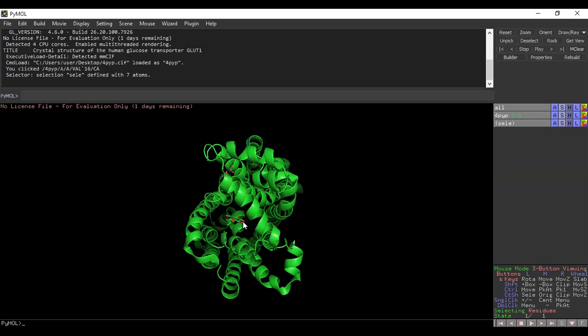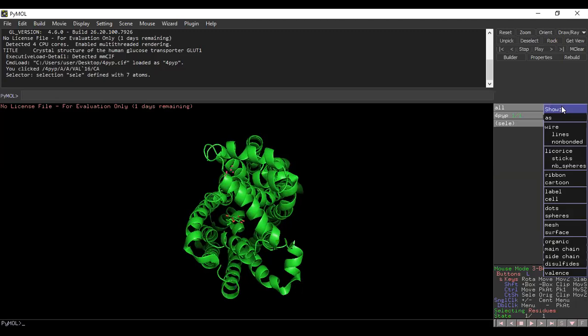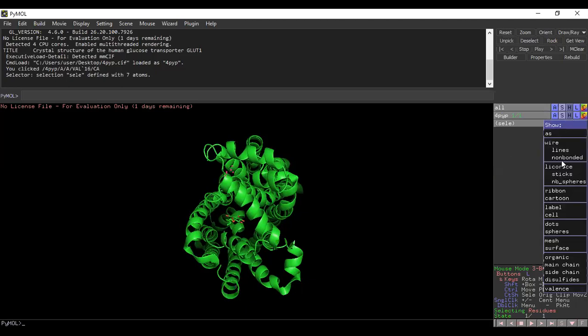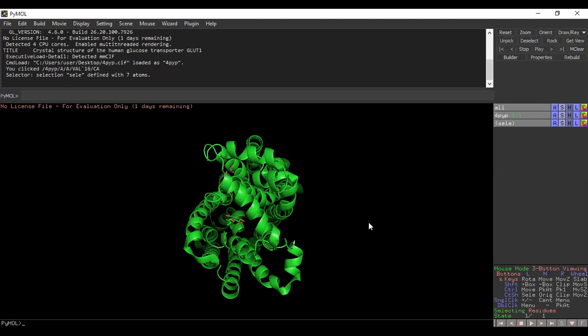Now, if you want to study what all amino acids, like I mentioned, serine, threonine, asparagine, and glutamine are there, for that you can just go to this site, show. You can go for the labels like cell or whatever lines or ribbon, dots, or the name of the side chains, whatever you want, you can label and study.